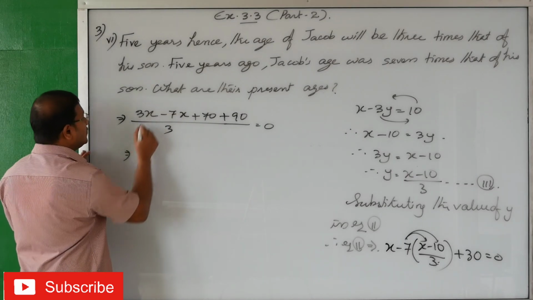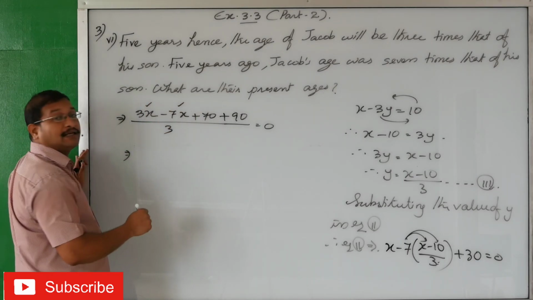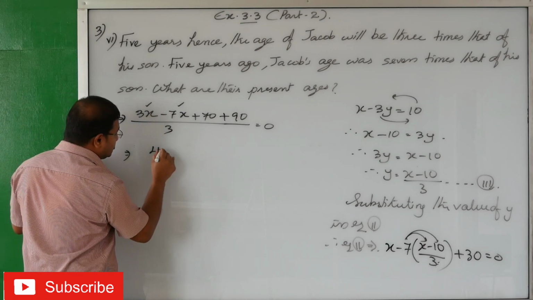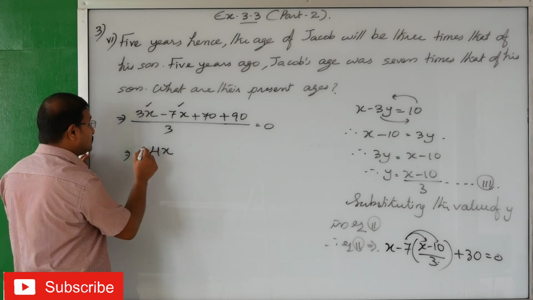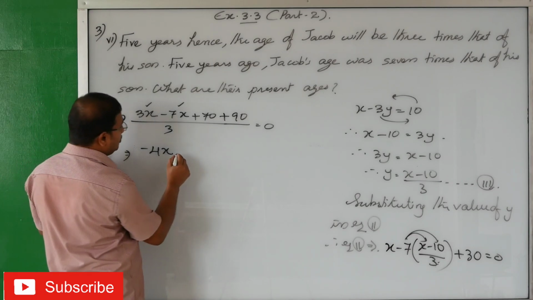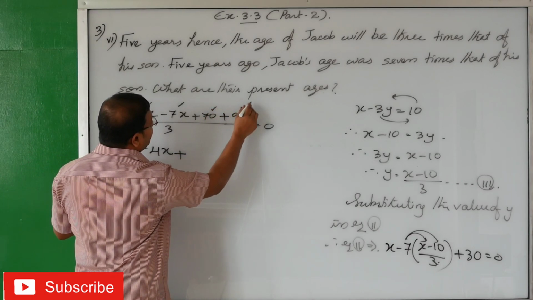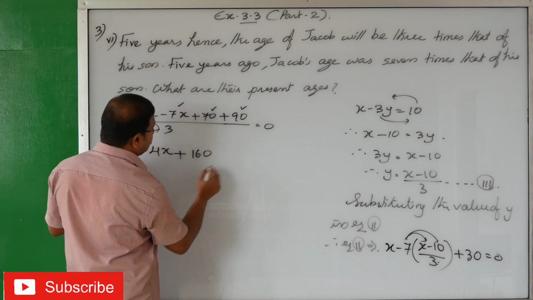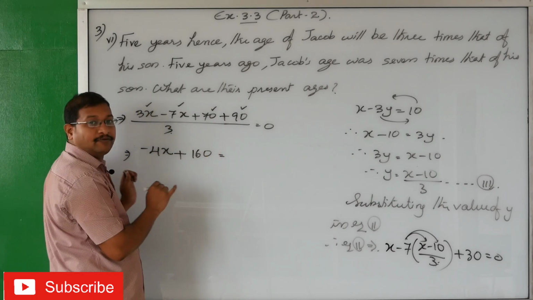This implies 3x minus 7x, that means 7x minus 3x, 4x. The bigger number is minus, so the answer is minus 4x, plus 70 plus 90, 160.